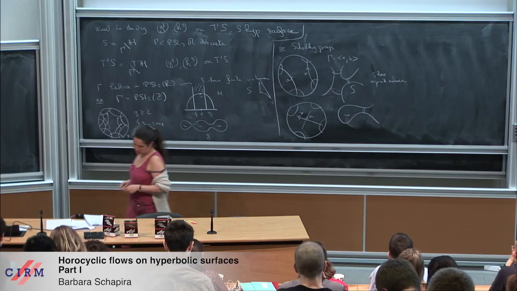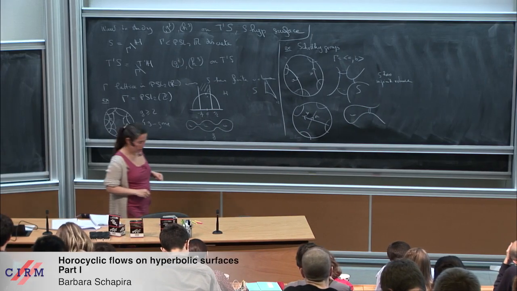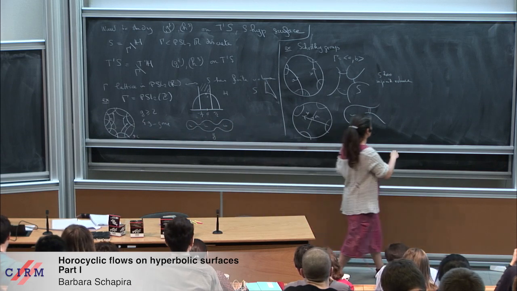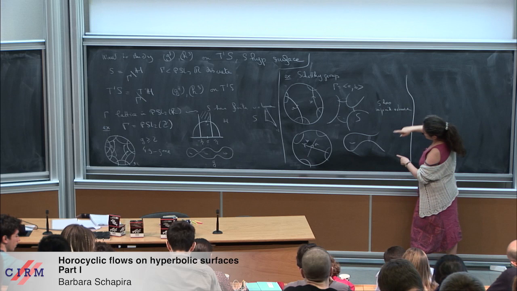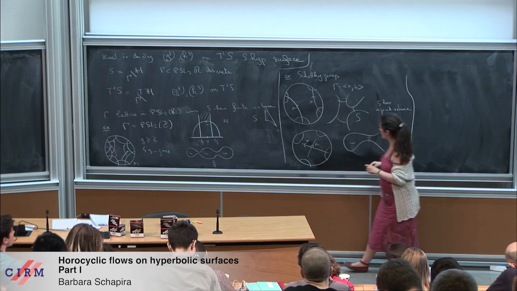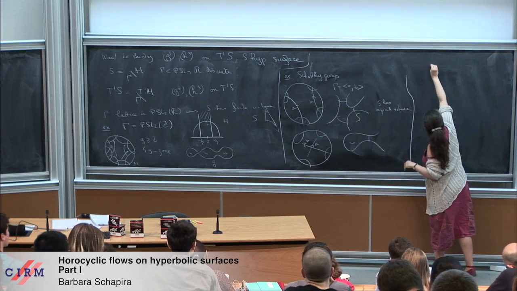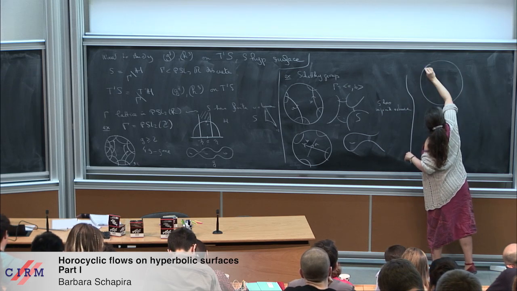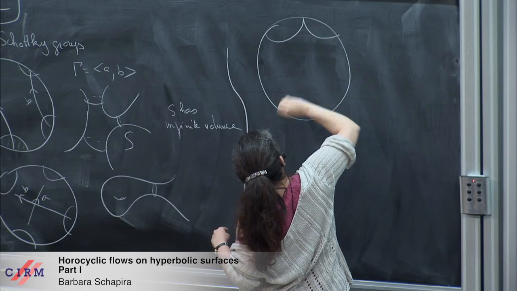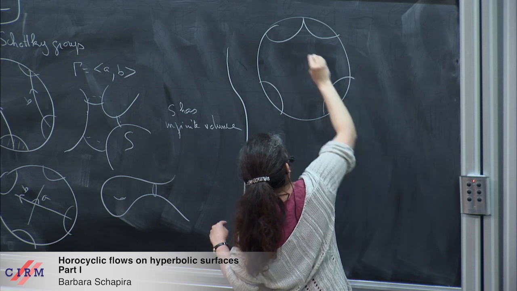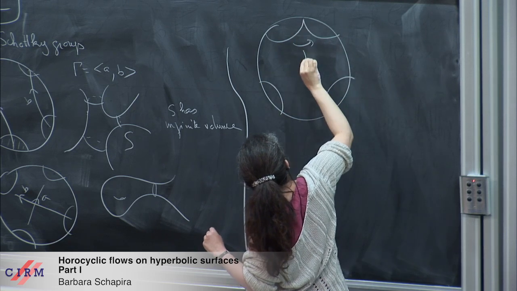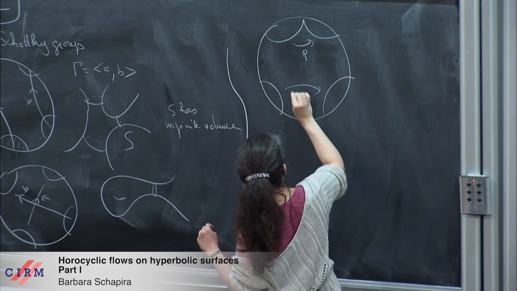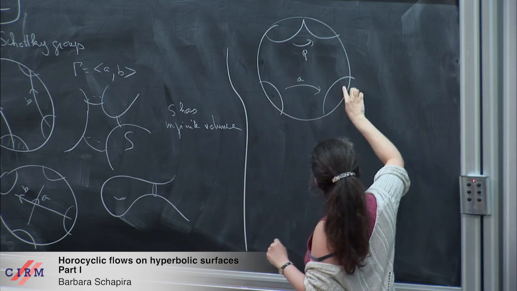And what other example did I want to... Okay, there is a limit situation when two of these disks are tangent, for example, like that. So it means that there is a parabolic element which fixes this point, and a hyperbolic isometry sending the complement of this disk inside this disk.